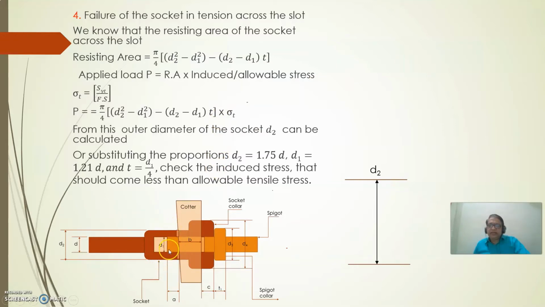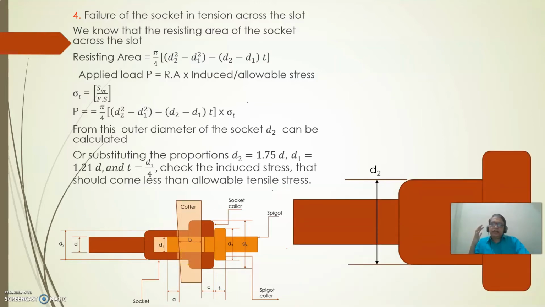Now if I take the section where the quarter lies, the total ring-like area is pi by 4 d2 square minus d1 square, minus d2 minus d1 into the thickness of the quarter, where d2 is the outside diameter.